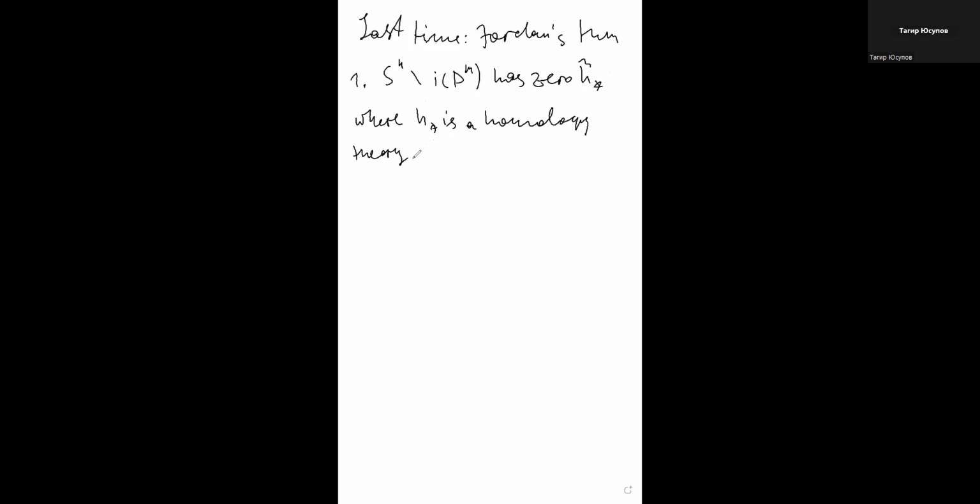The first assertion says that if we take the n-sphere and subtract an n-ball, the result will have zero reduced homology groups.